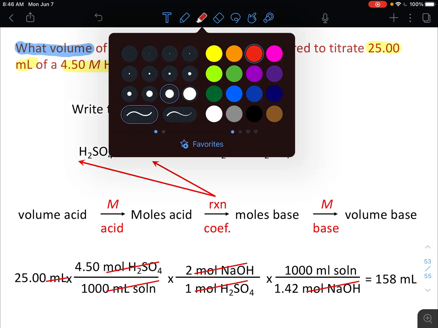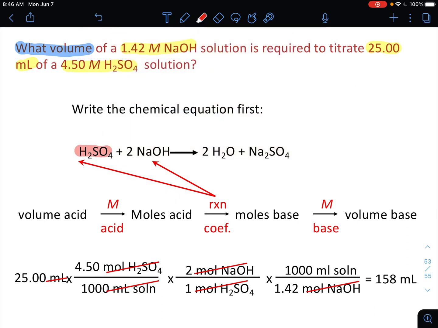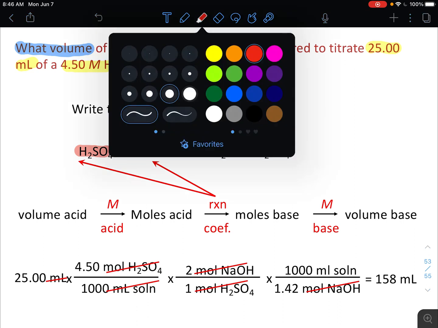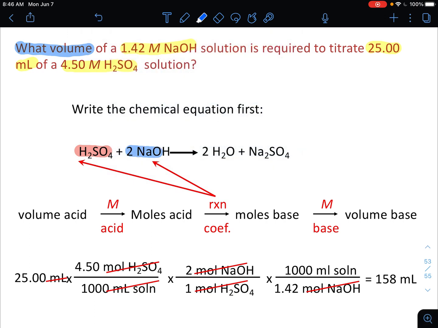So what's different here is the acid is sulfuric acid, and that's a diprotic acid. So technically, we should then say, to get a balanced equation, I'm going to need 2 moles of sodium hydroxide, right? It's a diprotic acid with a monobasic base. So again, the important thing is moles H plus equals moles OH minus, so we need to make sure that works out in our problem.